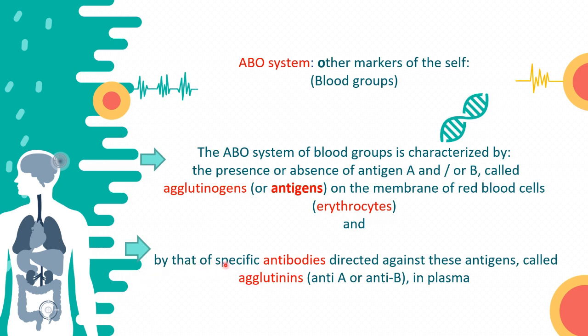It is also characterized by specific antibodies directed against these antigens. These antibodies are called agglutinins: anti-A or anti-B in plasma. So the ABO system is characterized by the presence or absence of antigen A or B and by that of specific antibodies.